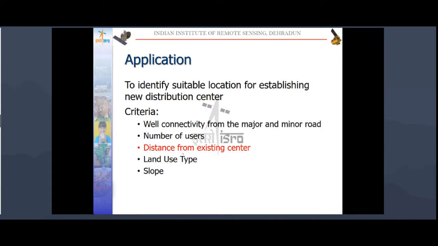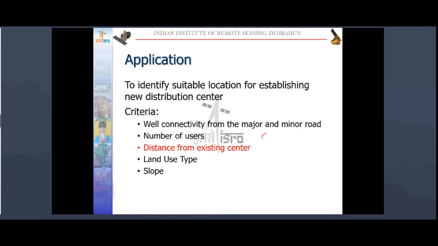If we have to establish a distribution center, there are a few criteria we can think of. Criteria means what conditions the identified location should satisfy for the new center. The first condition can be connectivity from a major road.